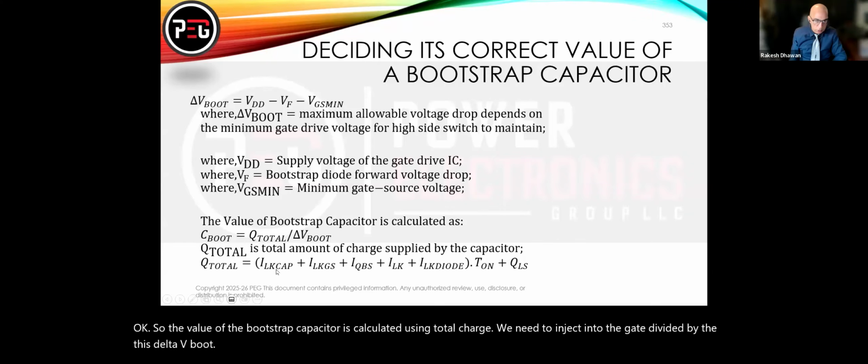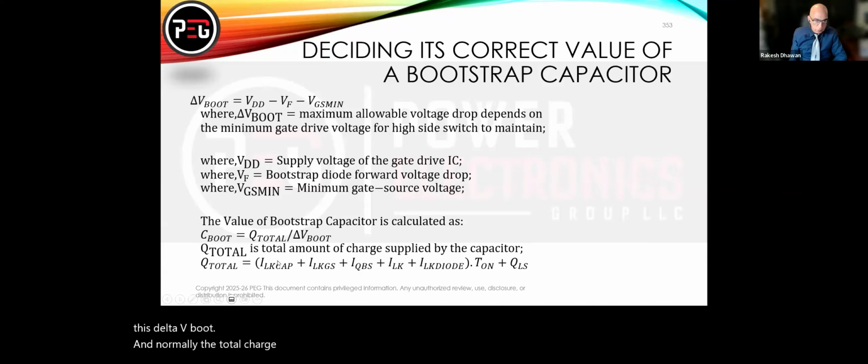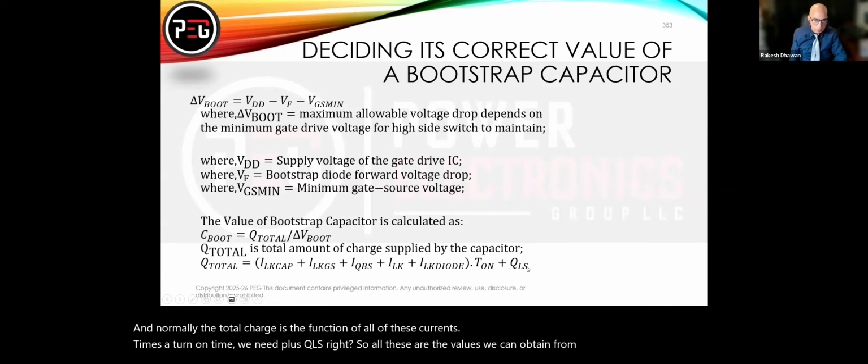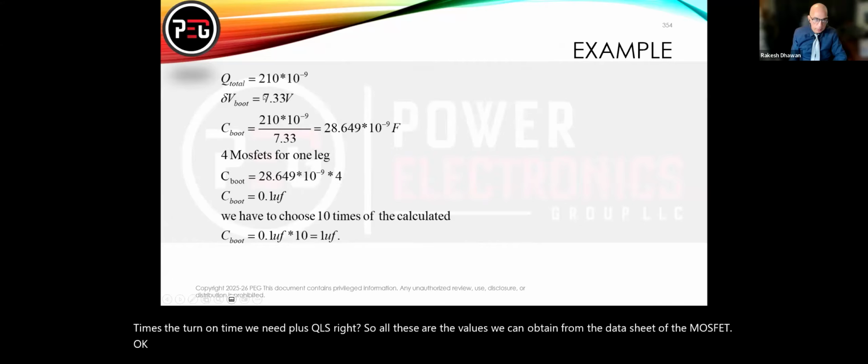And normally the total charge is a function of all of these currents times the turn on time we need, plus QLS, right? So all these are values we can obtain from the data sheet of the MOSFET. Okay, so here's an example. If you have Q total of 210 nanocoulombs and your delta V boot is 7.33 volt, then your C boot comes to about 28 nanofarad.